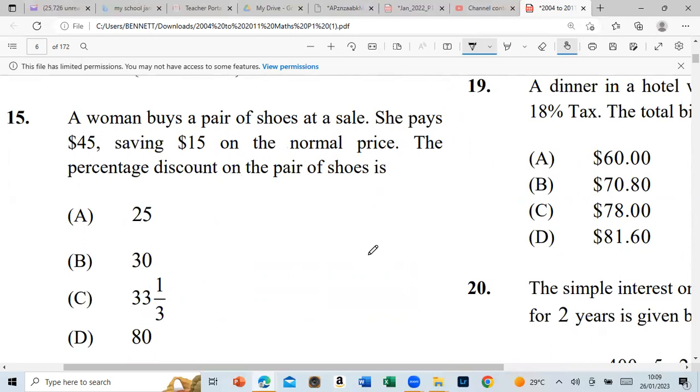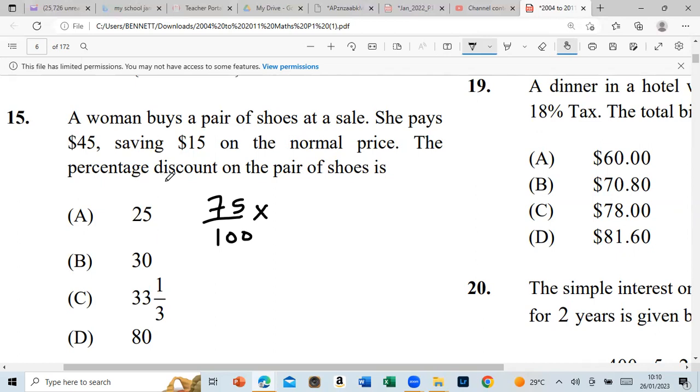Alright, so she saved $15 and the discount amount was 25%. So basically, the original amount was $60, right? So she paid 75% of the original, because that's what it is.